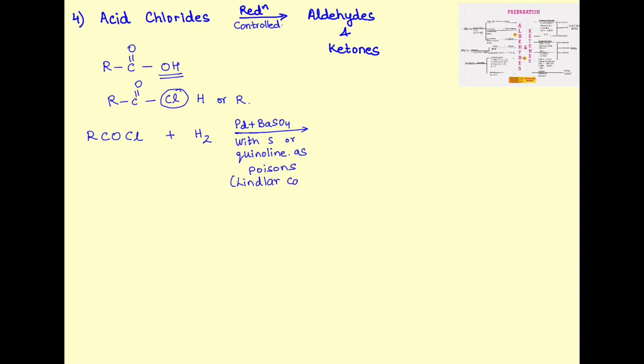Do you remember? We've spoken about this earlier as well. So go ahead, write the products of the reaction. So you will have RCHO plus HCl, right? Do you think I can prepare HCHO by this method?